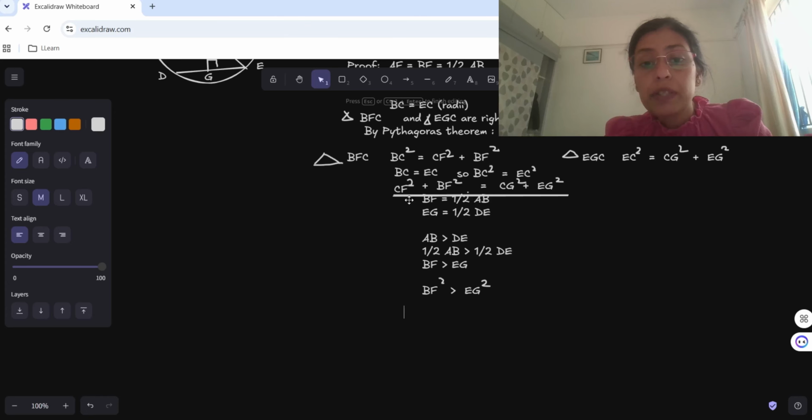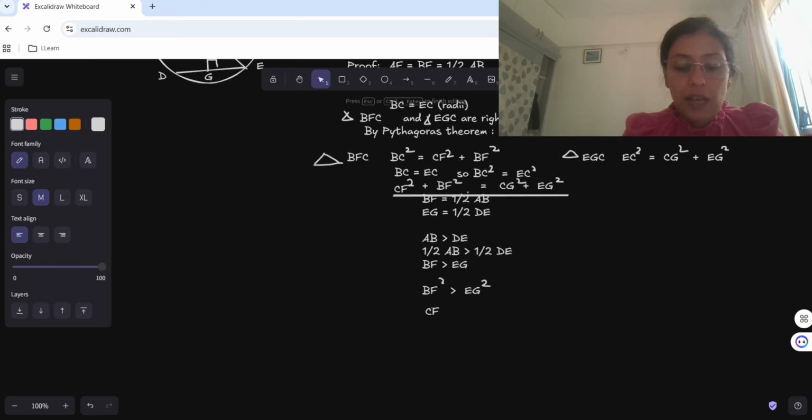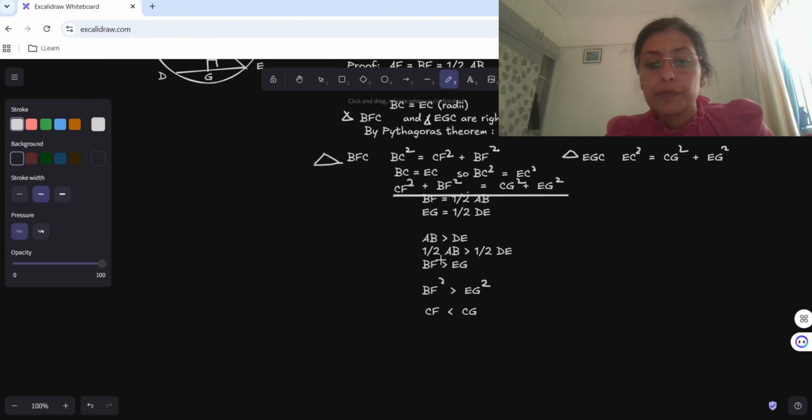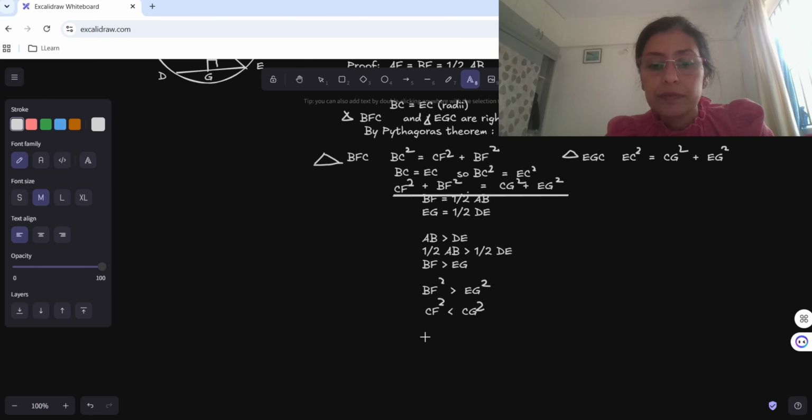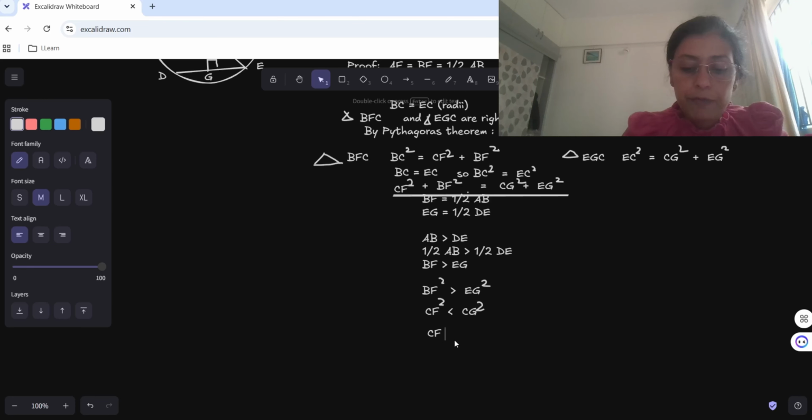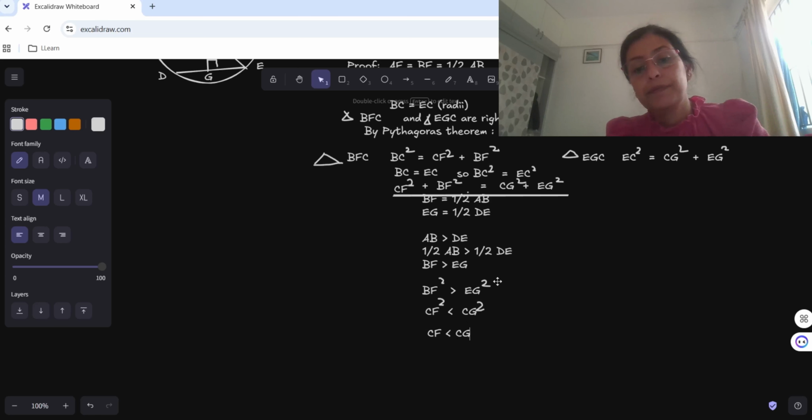To keep this balanced, to keep this equal, what is going to happen then? CF square will automatically be less than CG square. Or in other words, CF will be less than CG.